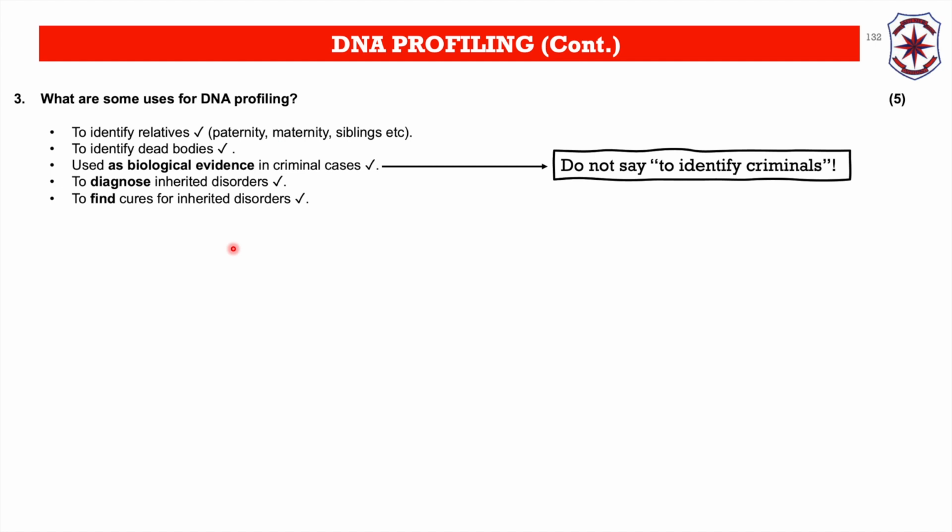Another use for DNA profiling is to find cures for inherited disorders. Okay, so DNA profiling may be used to diagnose genetic disorders or inherited disorders, and they might be used to find cures for certain genetic disorders. Okay.